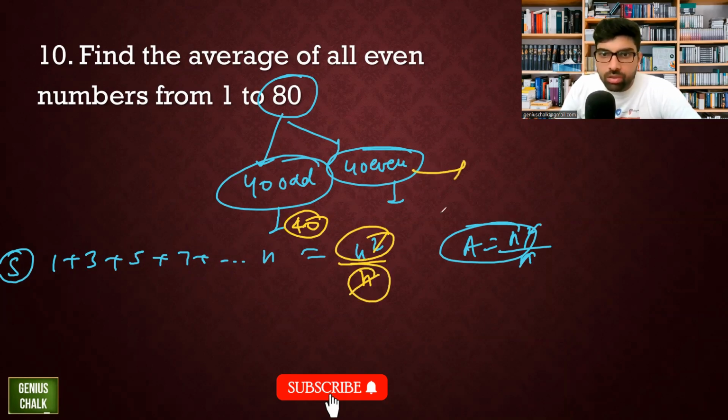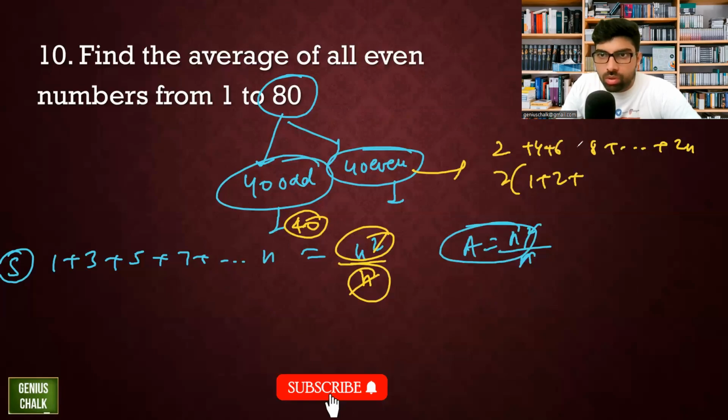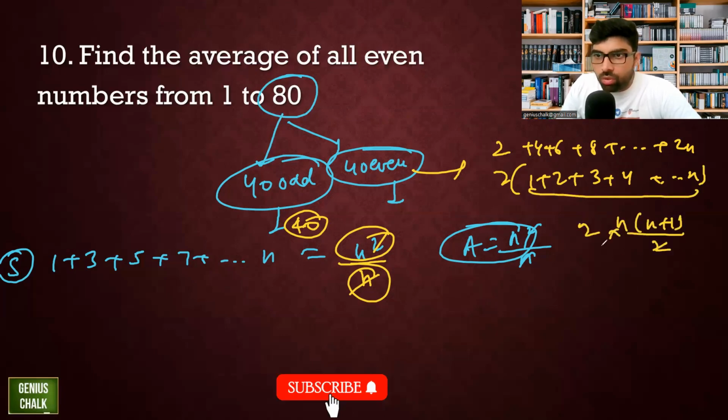Now for 40 even numbers, always remember, take the even numbers 2, 4, 6, 8, up to 2n. Take 2 common: 1 plus 2 plus 3 plus 4, up to n. You know the formula of 1 to n: n into n plus 1 by 2, into 2. This is the sum, right?